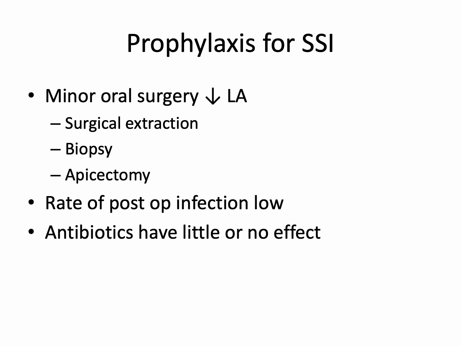In minor oral surgery under local anesthesia, for example, surgical extraction, biopsy, and apicectomy, the rate of post-operative infection is low. So the use of antibiotic prophylaxis has little or no effect.